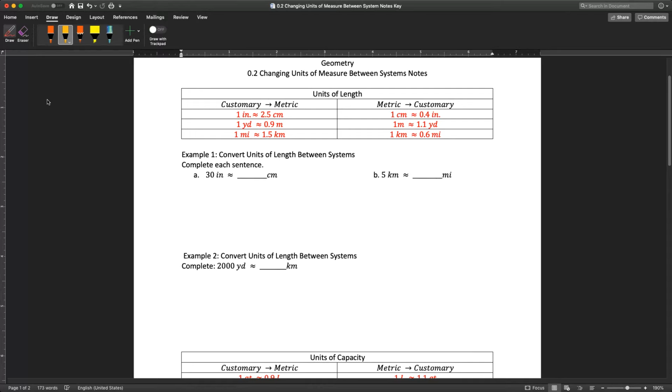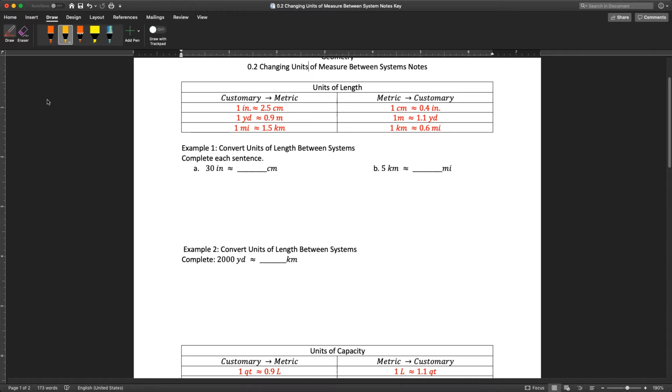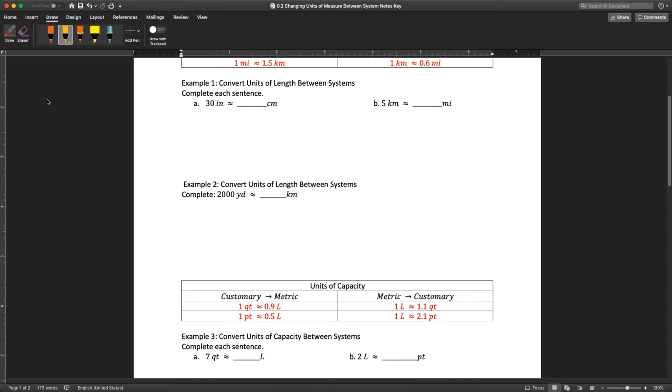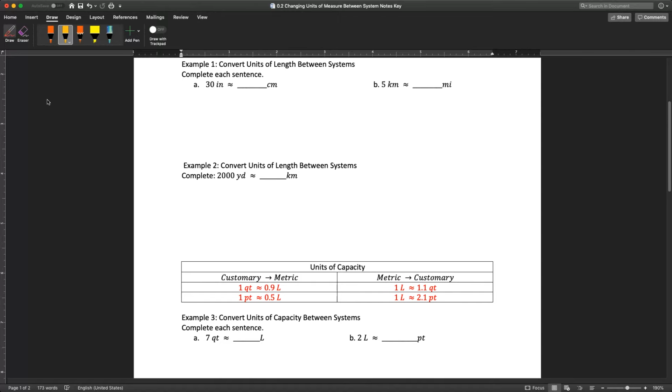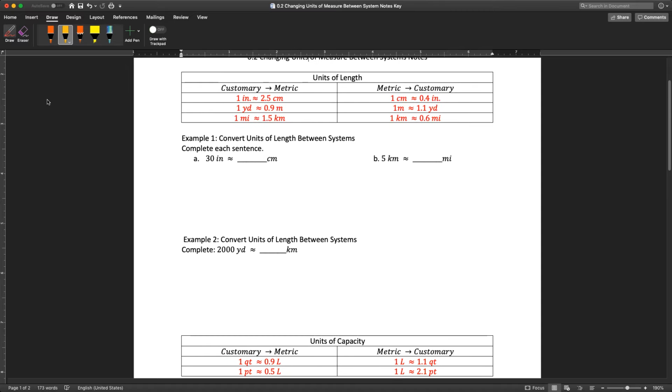So what you'll notice is that we have an approximation symbol because these aren't exact numbers. So every answer we get is an approximation answer. It is not an exact answer. So when we get to example one, it wants us to convert from 30 inches into centimeters. Well, from our table above, we are able to notice that when we go from inches to centimeters, that is customary to metric.